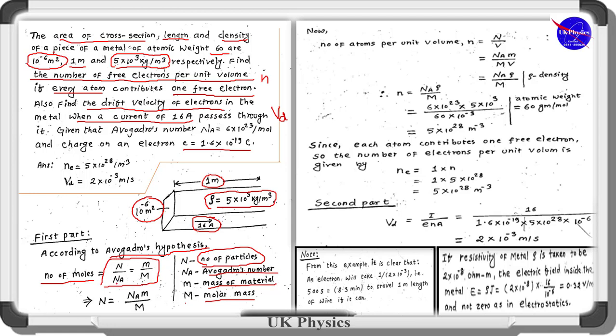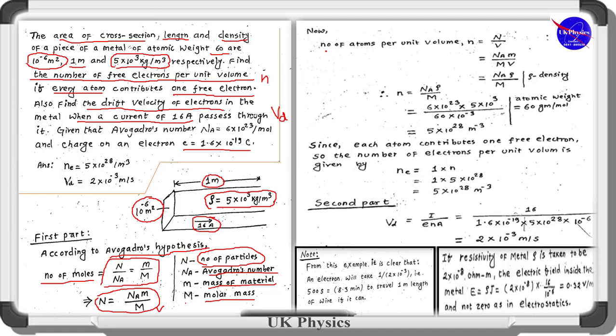So from these expressions we can calculate the formula for the number of particles: N equals Avogadro's number times total mass of the material divided by the molar mass. This is the expression.